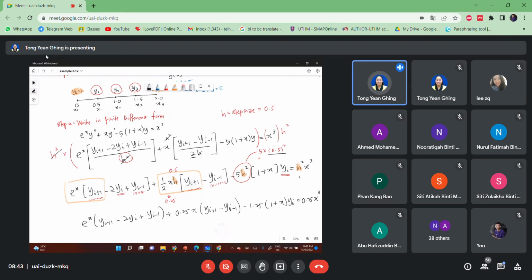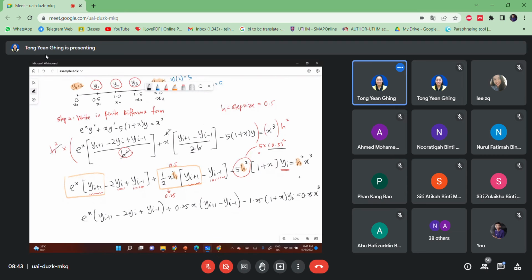Okay. Now saya nak, this one. Start with this one. This and this one together. Sekarang dia jadi e to the power x plus 0.25 xi. Ini y i plus 1.